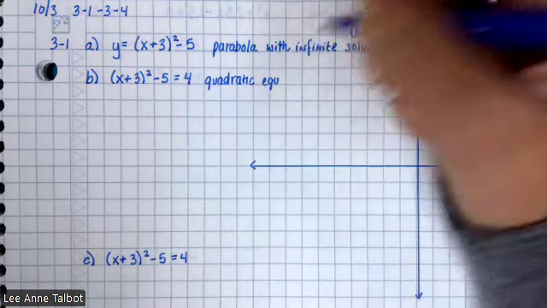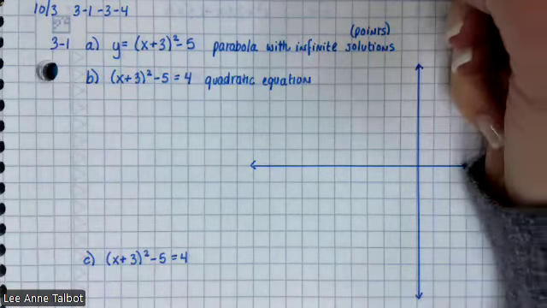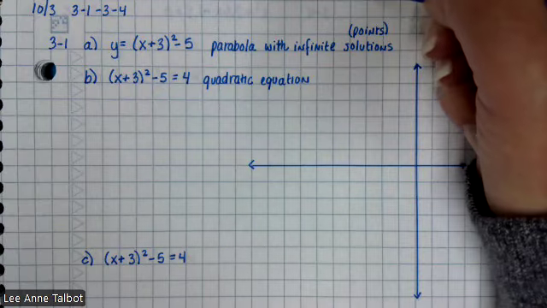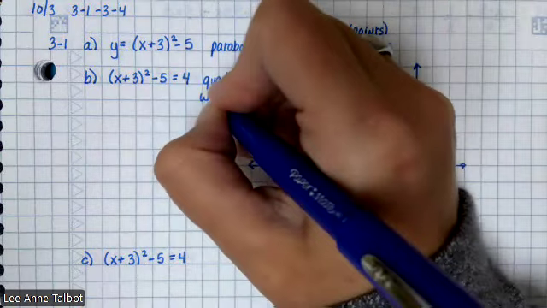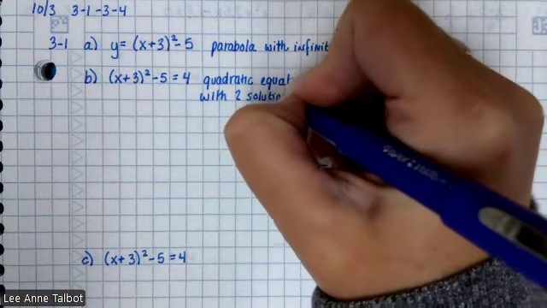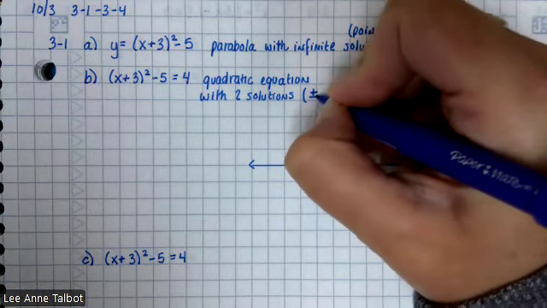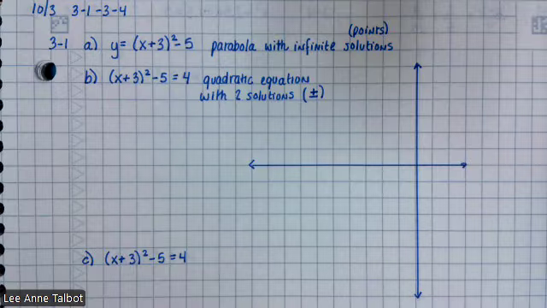I only said it 500 times yesterday. Plus or minus, yes. Whenever you square root both sides, you need to have a plus or minus.